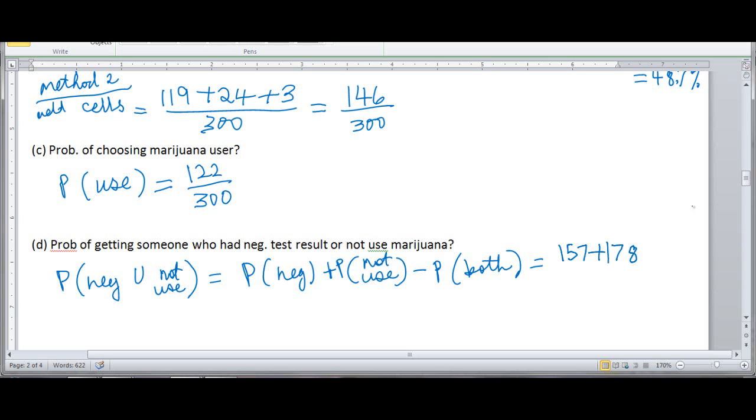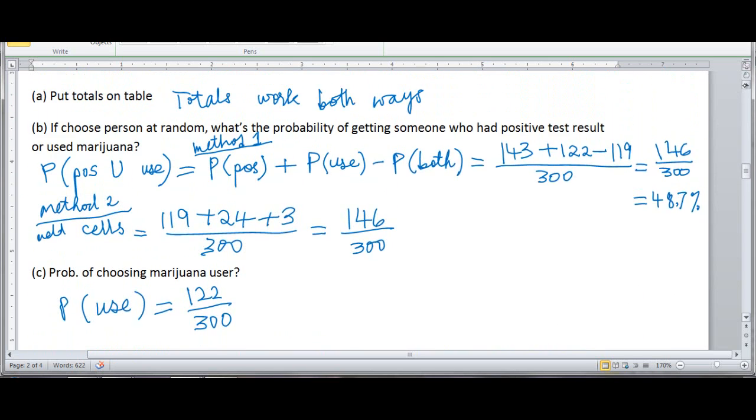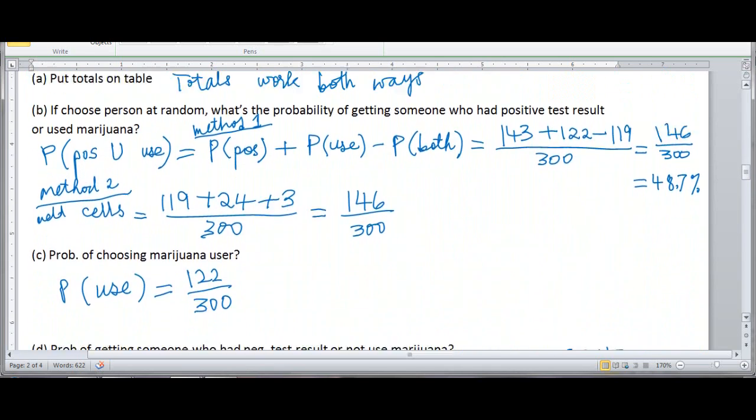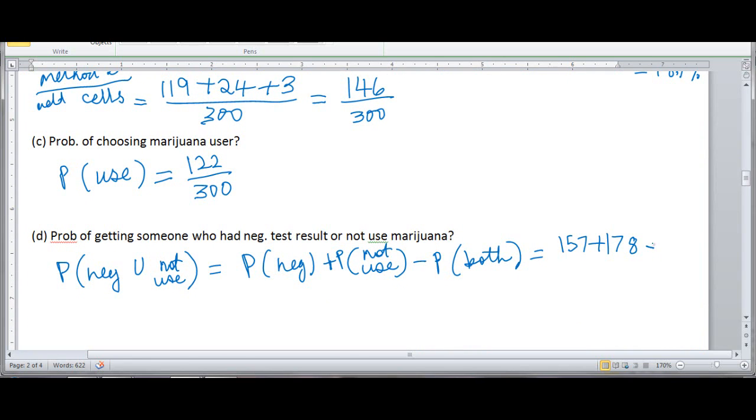And then the probability of both, not using and getting a negative test result, is right here. The probability of true negative, that's 154. See, that's negative and not use. If you add up all of these, you get 181.